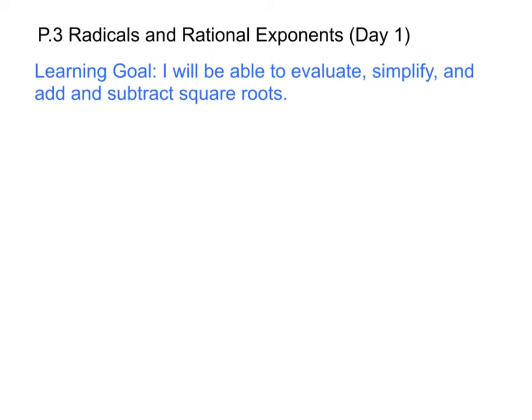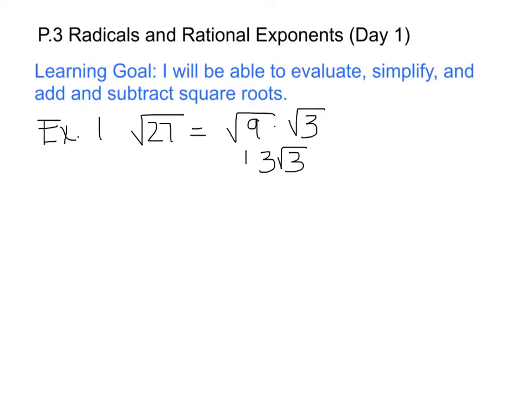For example, you may have to simplify the square root of 27, which means that's square root of 9 times the square root of 3. And your answer would be 3 square root of 3. So that's what I mean by simplifying them.